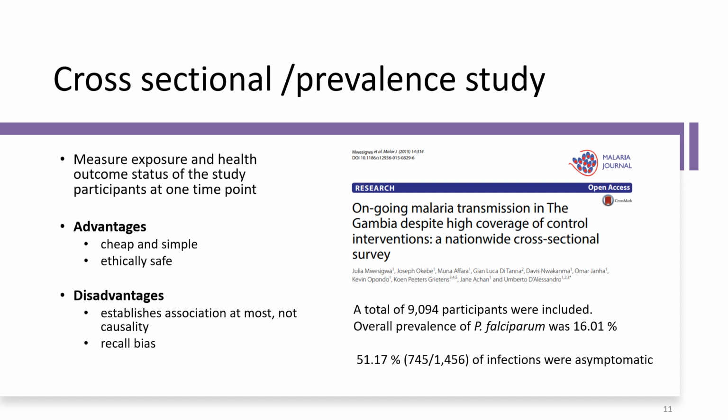So a number of study participants were enrolled, and then you test them for malaria, and they found a prevalence of 16%. They also looked at a sub-study. So among the people with malaria, you look at the percentage that were asymptomatic. So these really are prevalence studies that were conducted here.